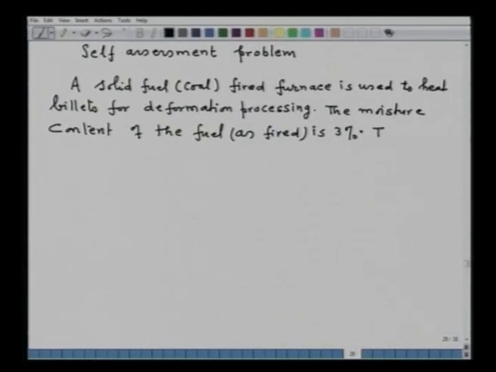The barometer reads 735 millimeter mercury pressure.